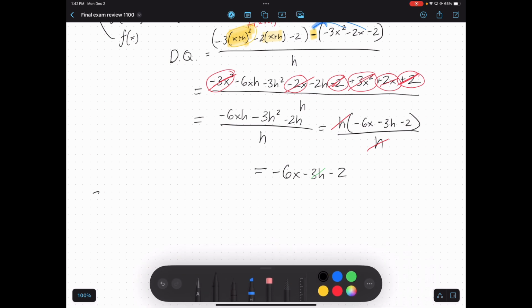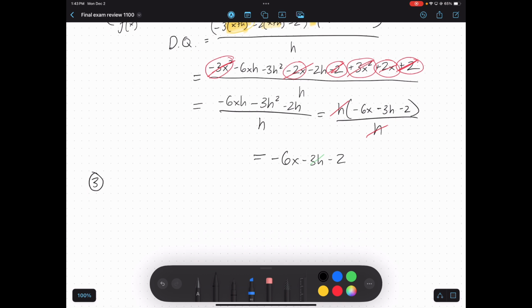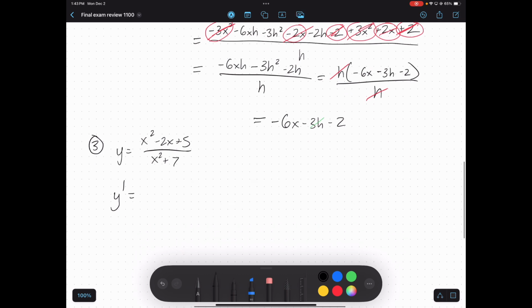Okay, question 3. This one, I give you this equation, y equals x squared minus 2x plus 5 over something similar, and it's just good practice, and then I ask you to find the derivative. What does this derivative require? Quotient rule. So this is just good quotient rule practice, where you look at your top function and your bottom function.